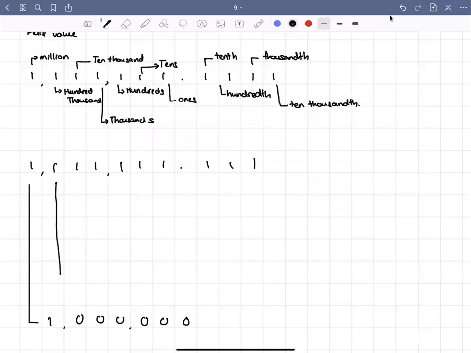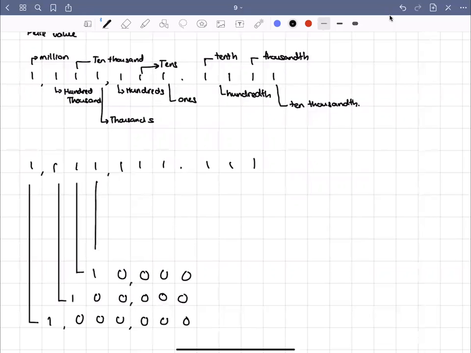This one also has a value of 1, but a different one: 100,000. This one also has a value of 1, but it's 10,000. This one is also 1, but it is 1,000. So the 1 here translates differently every single time.